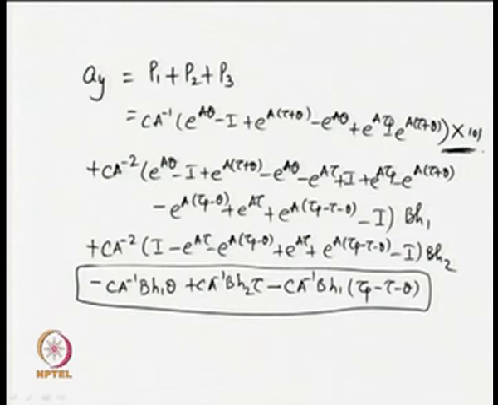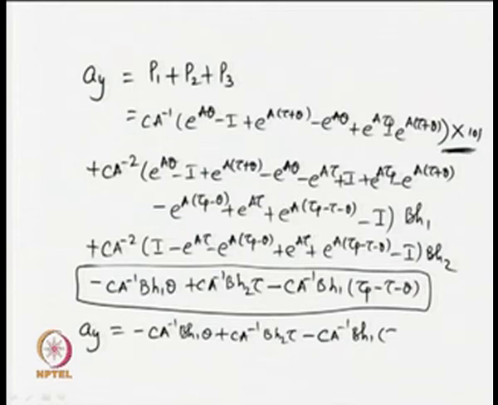So, when x0 is substituted over here, the first few terms get cancelled, leaving us A y equal to minus C A inverse B h1 theta plus C A inverse B h2 tau minus C A inverse B h1 tau p minus tau minus theta.